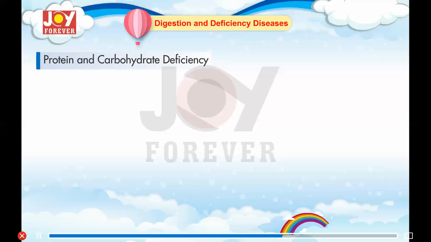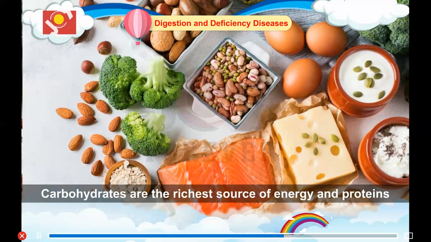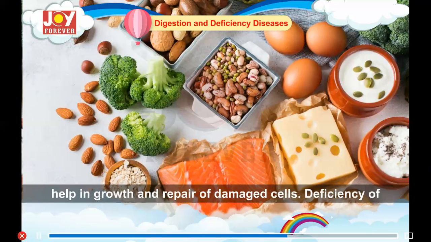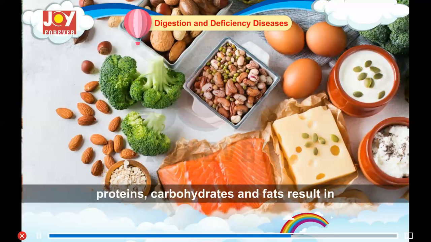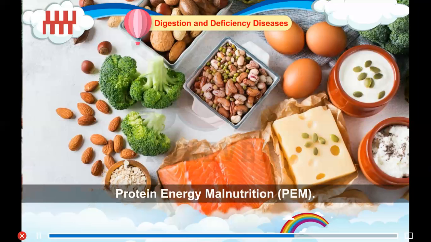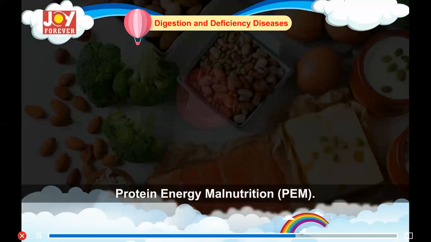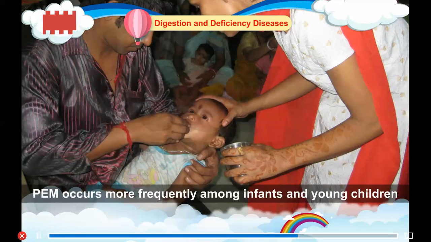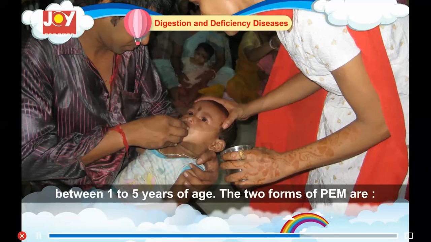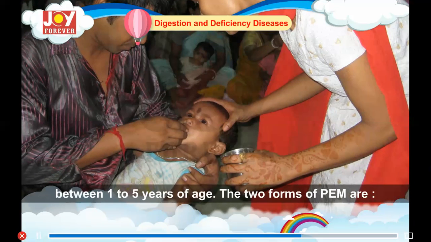Protein and carbohydrate deficiency. Carbohydrates are the richest source of energy and proteins help in growth and repair of damaged cells. Deficiency of proteins, carbohydrates and fats result in protein energy malnutrition, PEM. PEM occurs more frequently among infants and young children between 1 to 5 years of age.